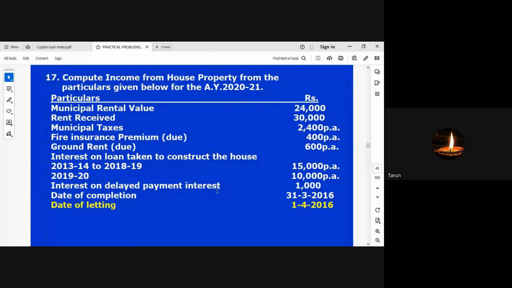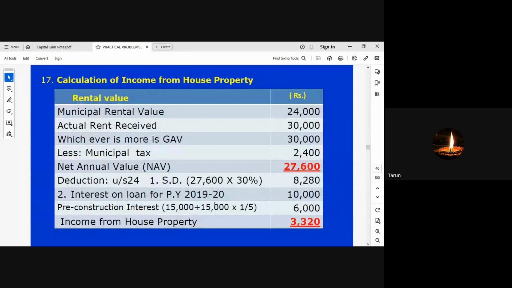You need to estimate the 1/5 of that, and accordingly you will estimate the amount, that is 6,000 rupees. Once you deduct interest and standard deduction from the net annual value, you will get the income from house property, that is 3,320.